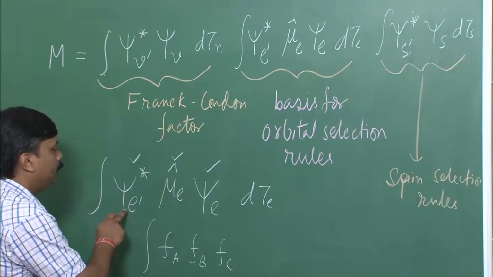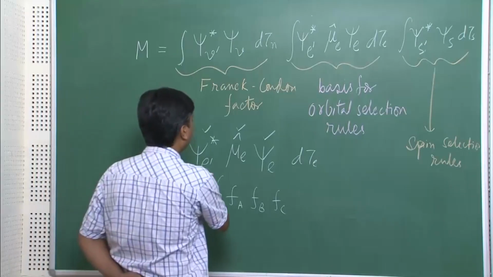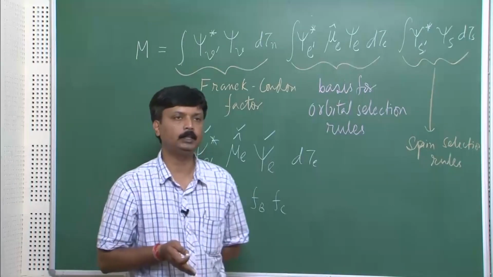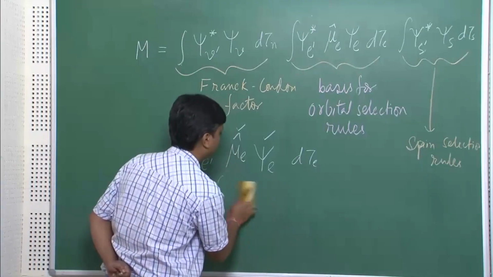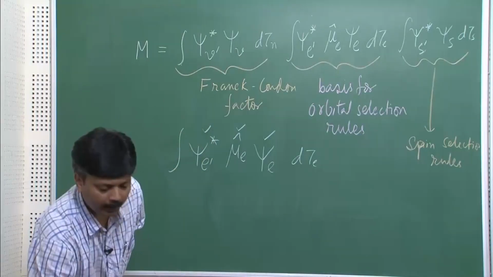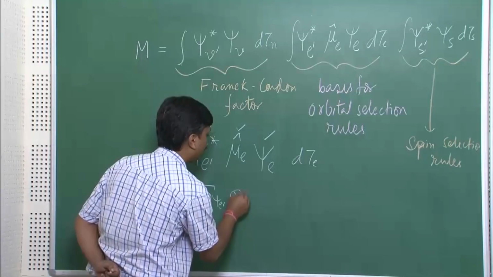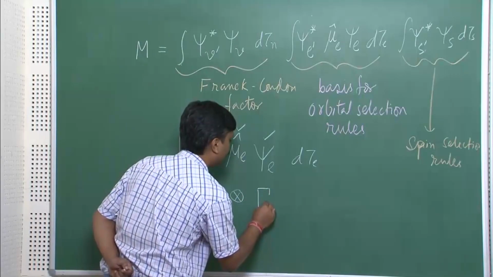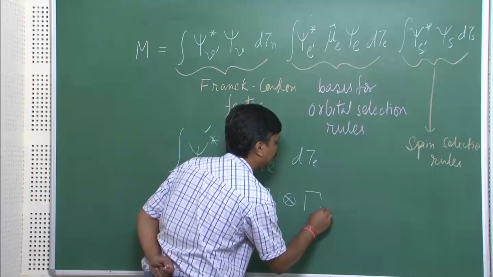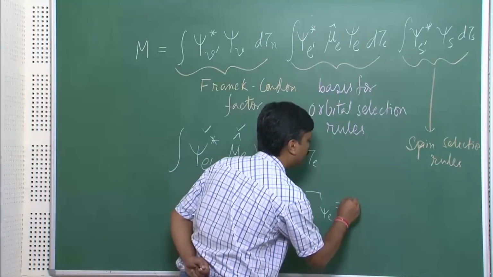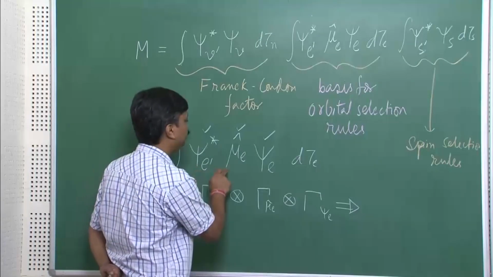Therefore the allowedness of this particular transition will depend on the direct product of the irreducible representations to which these belong. So my situation is now such that I have Γ(ψe'), Γ(μe), and Γ(ψe), this direct product, where these individual gammas are the irreducible representations according to which these individual functions transform.